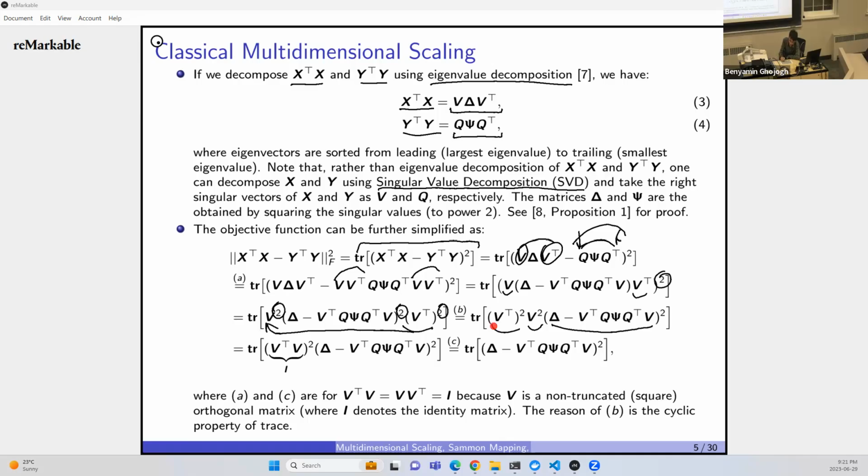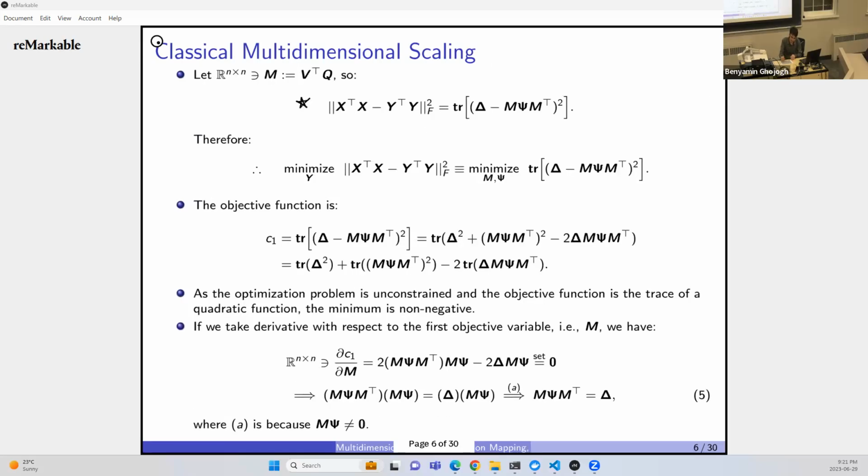Interestingly, I can write this as V transpose V squared, and V transpose V is the identity, because it's an orthogonal matrix. Therefore, it goes away, and it is simplified to this. We proved this.